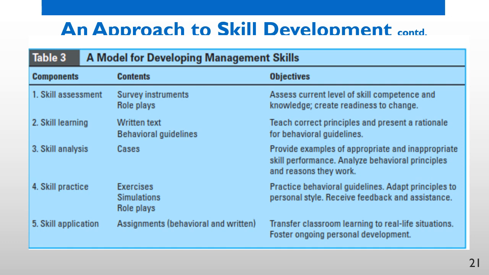So, according to this model, the first step to developing one's skills, let's say decision-making skills, communication skills, or problem-solving skills, is assessing the skills. So the first step is skill assessment.